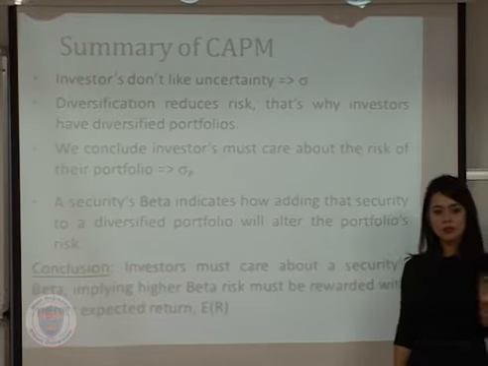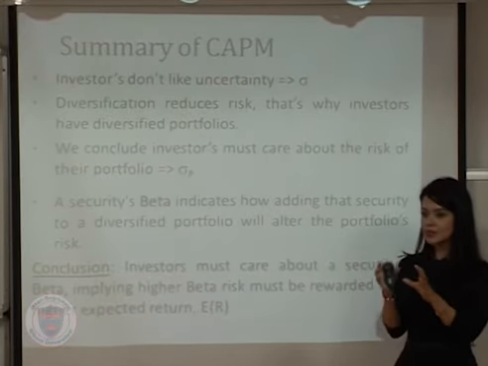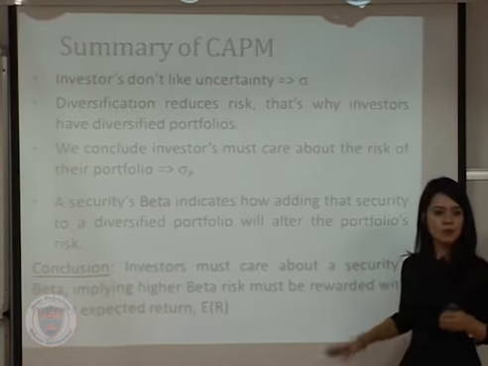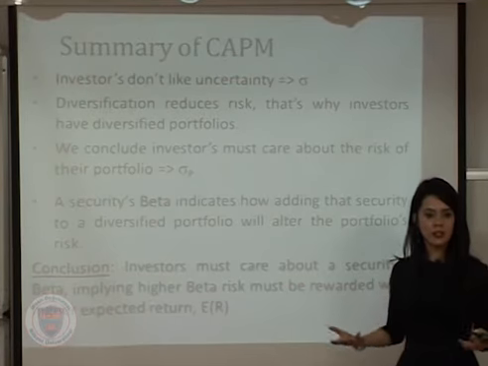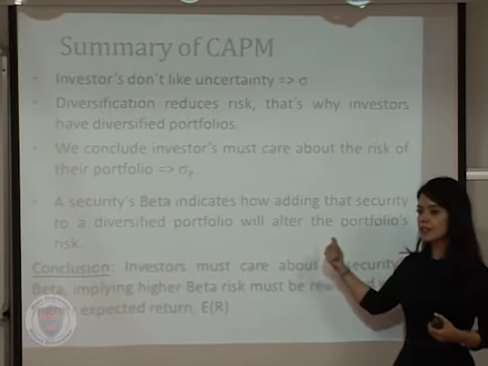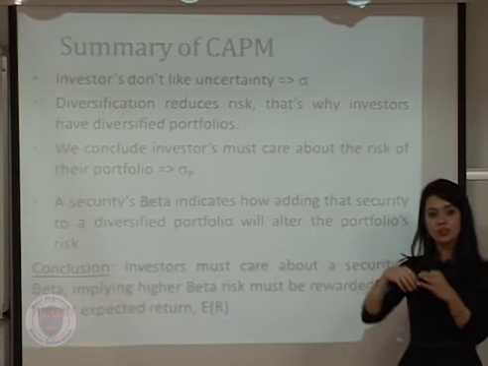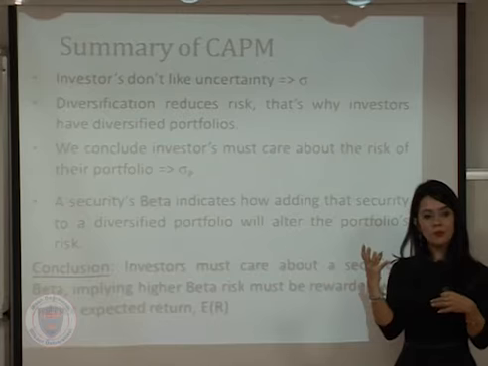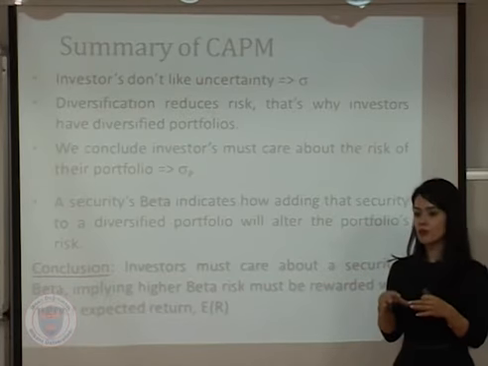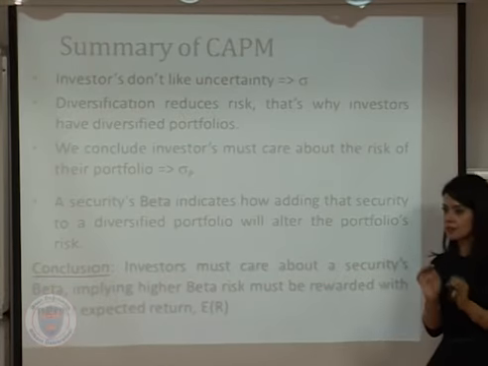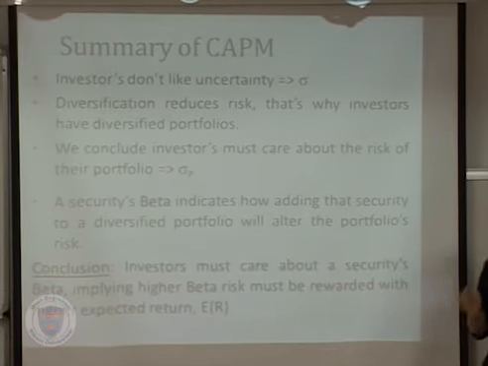When we talk about individual portfolios, we look at their standard deviations. But CAPM is more like a portfolio-based theory. So it cares more about how adding an additional stock in your portfolio will change the market risk response of your portfolio. So that's a slight difference between what we did in the last chapter and what we are doing in this chapter.